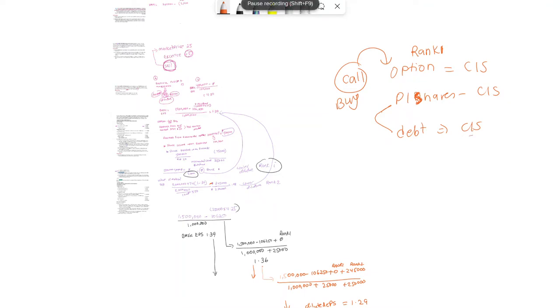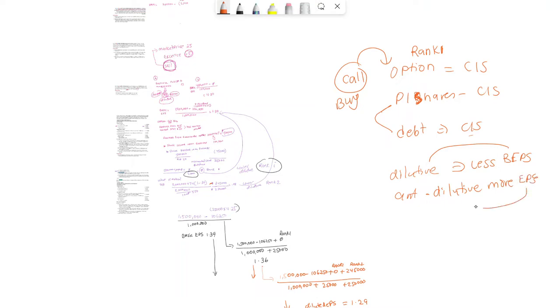You always need to test it. Why do we need to test it? We want to know, is this dilutive or anti-dilutive? If it's less than the basic earning per share, it is called dilutive. If it's more than earning per share, it is anti-dilutive. So you always need to check, is this more or less.